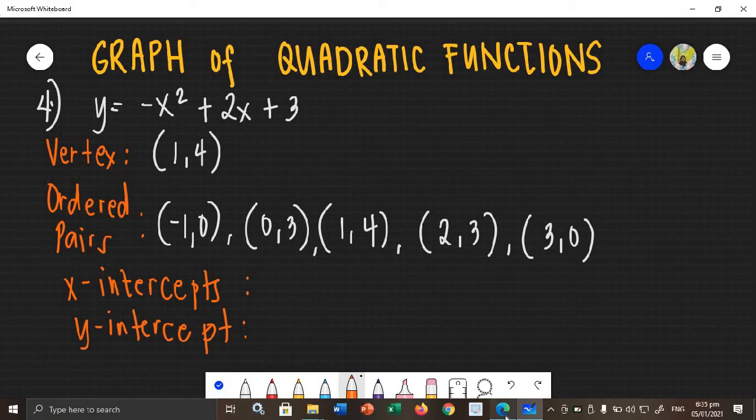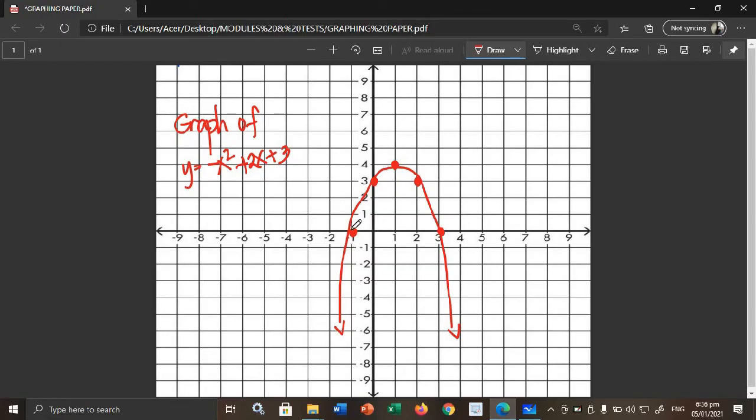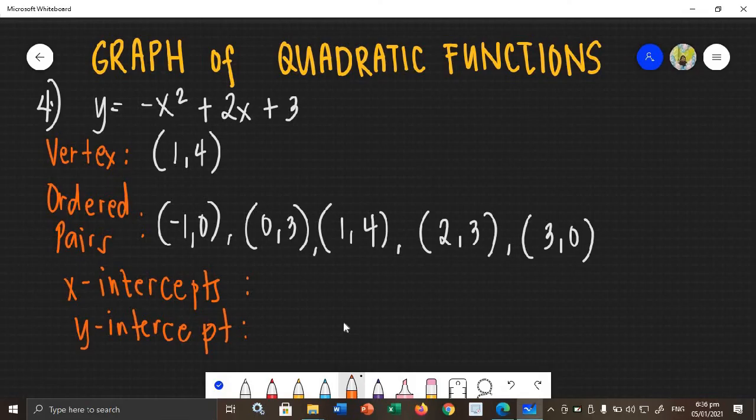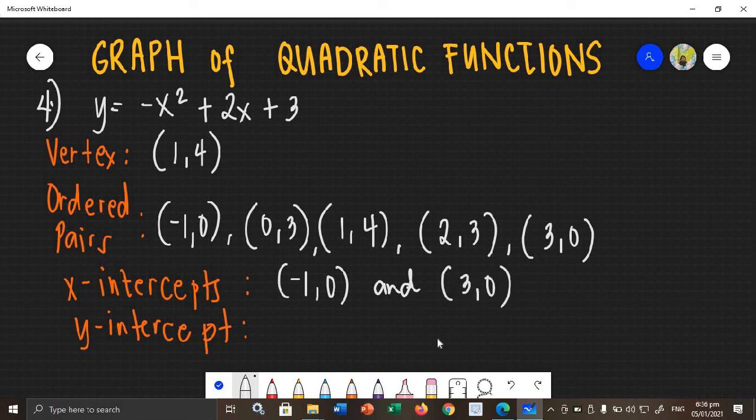So our x-intercepts, these are the points that cross the x-axis. So here they are, negative 1 and 0, and then 3 and 0. They cross the x-axis, therefore they can be considered as the x-intercepts of the graph. So negative 1, 0, and 3, 0.